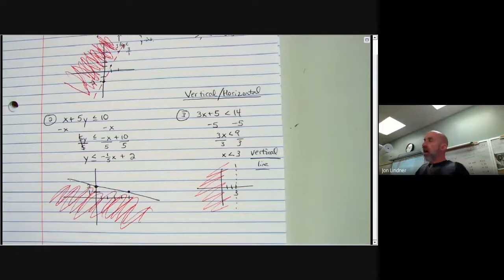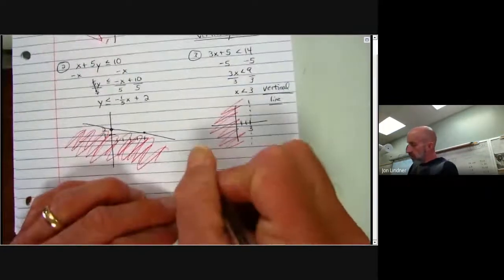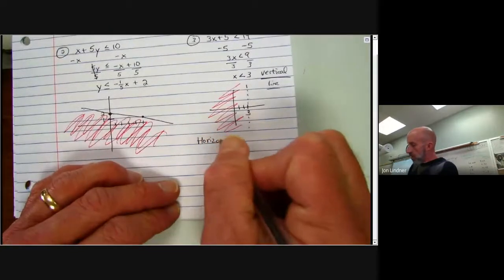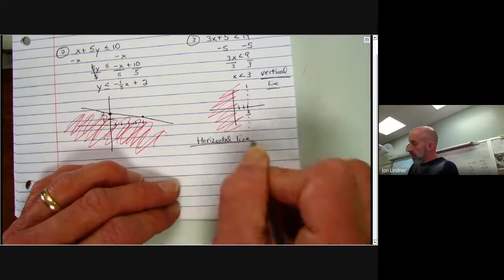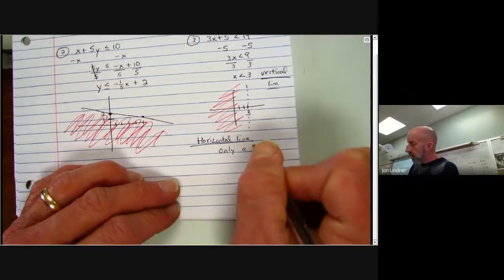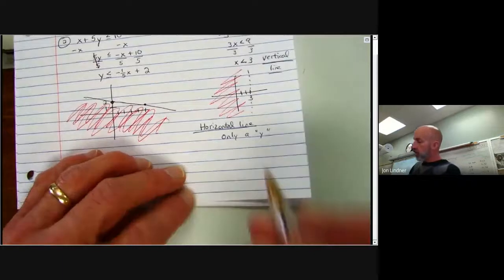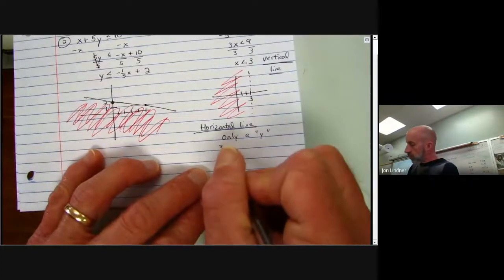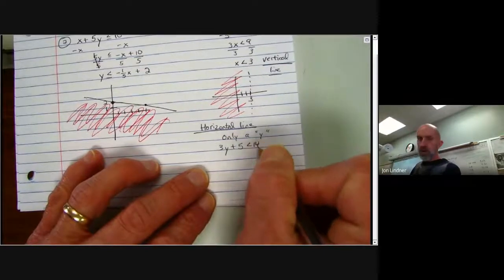And for a horizontal line, I'm not going to do another example, but a horizontal line happens when there's only a y and there's no x. Like if I would have had 3y plus 5 is less than 14.